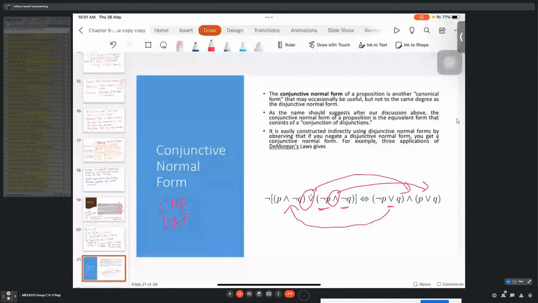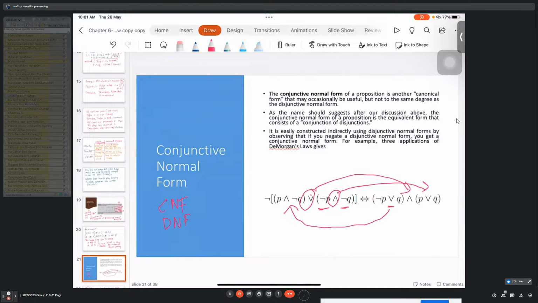As the name suggests, the conjunctive normal form of a proposition is an equivalent form that consists of a conjunction of disjunctions. It is easily constructed indirectly using disjunctive normal form by observing that if you negate the disjunctive normal form, you get the conjunctive normal form, CNF.